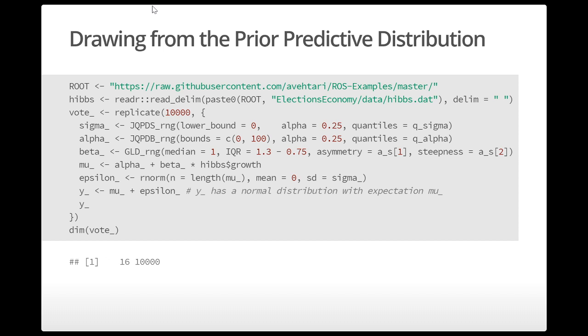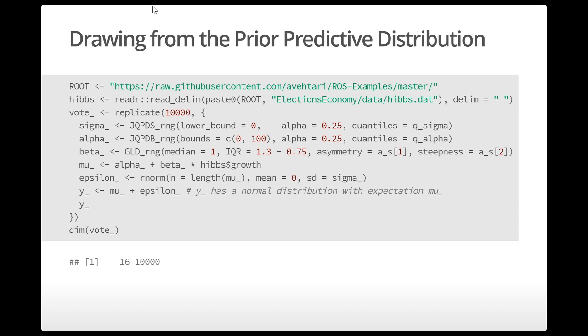Then the error term epsilon is drawn from a normal distribution with mean 0 and standard deviation with the realization of sigma that we have. And then the outcome that we observed is the sum of the systematic component, which is represented by the conditional mean mu, and the unaccounted-for term, which is represented by epsilon with that standard deviation.